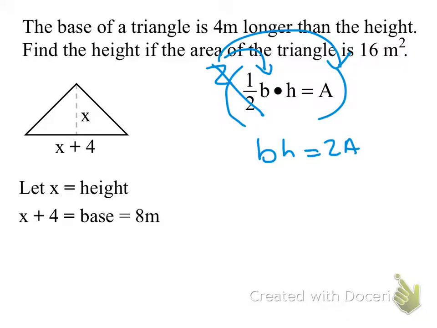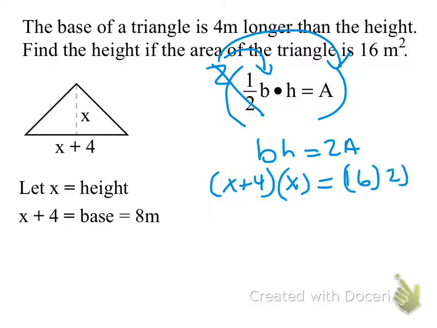Now I substitute. The height is x, and the base is x plus 4, equals, the A is 16 times 2, right? I don't know, that might be easier. x squared plus 4x equals 32.